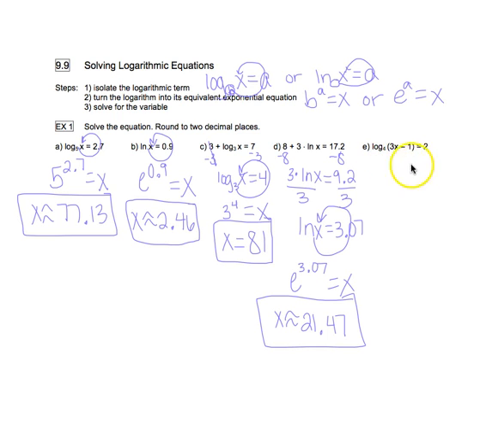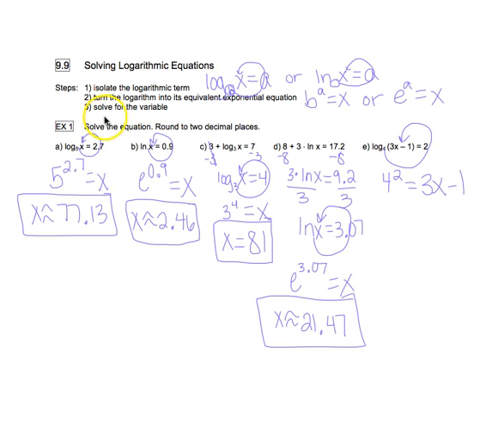You can't get that away from the logarithm. It's part of it. So we have log base input, because it's in parentheses, equals answer. So we actually are going to start then with step 2, 4 to the second power equals 3x minus 1.